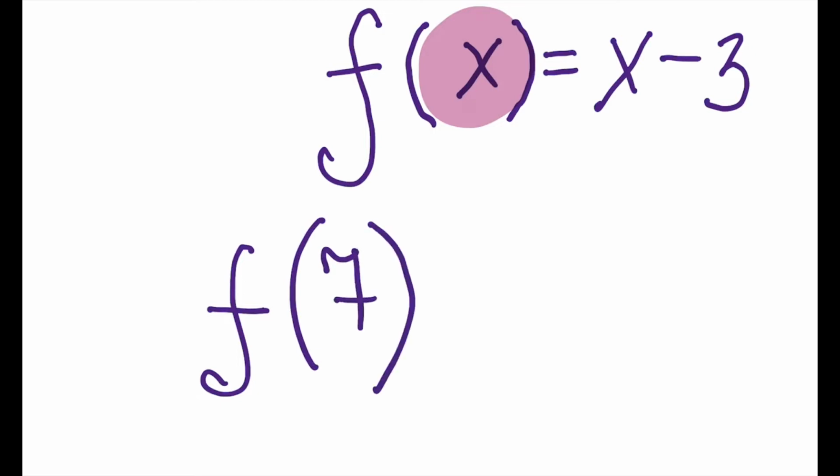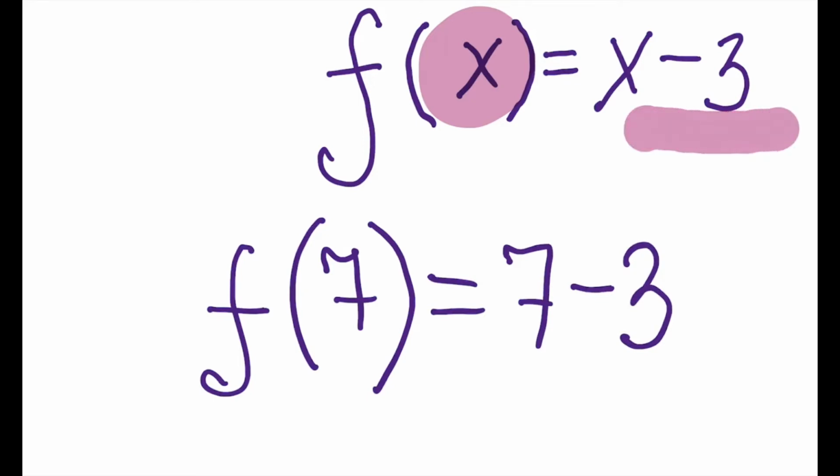This means that I'm going to evaluate my function at the point where x equals 7. So then instead of x, I'm going to put 7 minus 3. And I'm putting minus 3 because my rule asks for it. I'm just obeying the function.